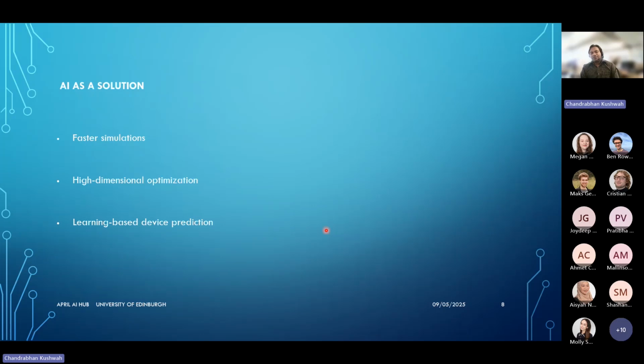And also going forward, to get a design from different materials and different device structures, how can AI give a solution here? When we design a device, it's very important to check its characteristics.